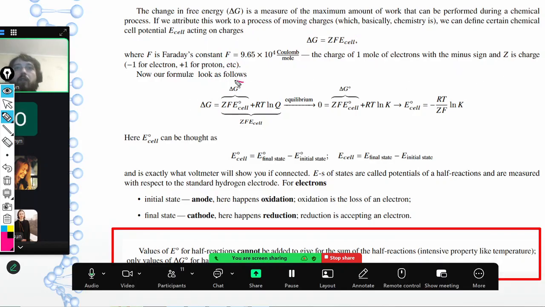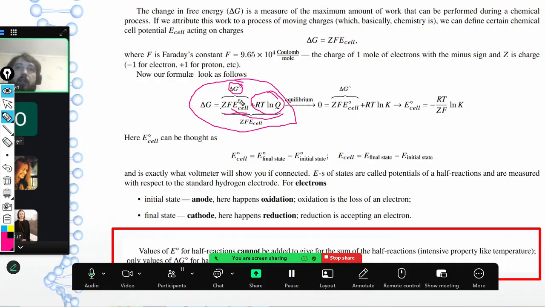And here I rewrite our formula once again. You remember that delta G is basically delta G naught plus RT logarithm Q, so that's what we have. This delta G naught we can treat as -ZF times some E cell naught, and everything here we can treat as -ZF E cell.